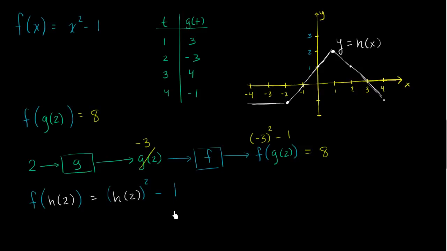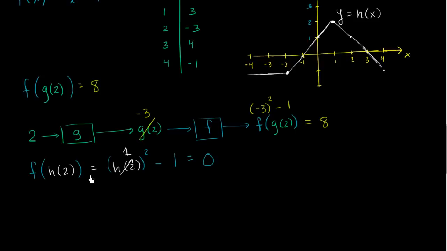Now what is h of 2? When x is equal to 2, h of 2 is 1. So since h of 2 is equal to 1, this simplifies to 1 squared minus 1. Well, that's just going to be 1 minus 1, which is equal to 0. And we could have done it with the diagram way. We could have said, hey, we're going to input 2 into h. If you input 2 into h, you get 1.